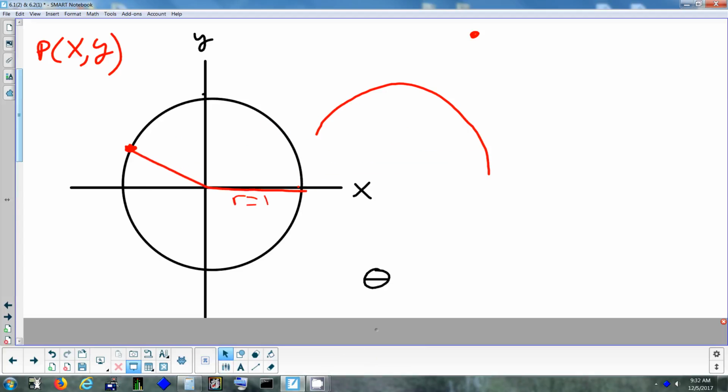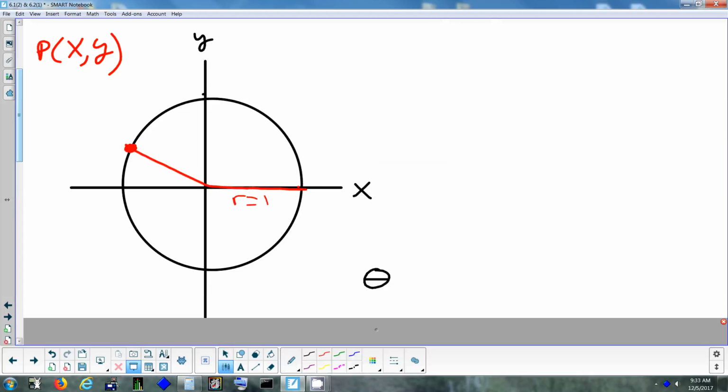Like that. If you draw an angle in standard position, the terminal side is going to hit the circumference of the circle somewhere. Okay. Where does it hit it? Right here.